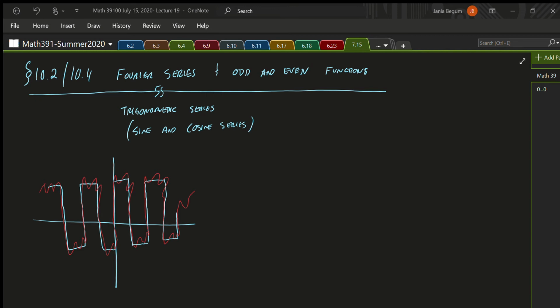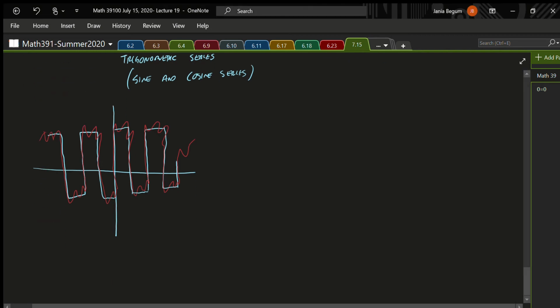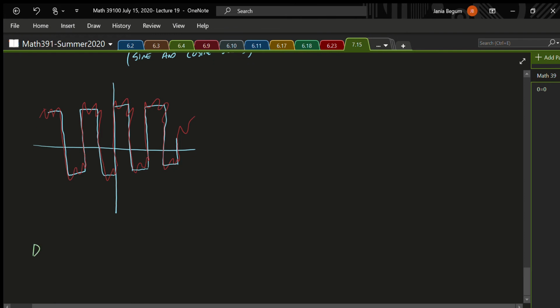But for now, let's write down the definition. What is a Fourier series? Definitions are important. Definition: suppose f of x is a 2L periodic function, which means f of x plus 2L is f of x.